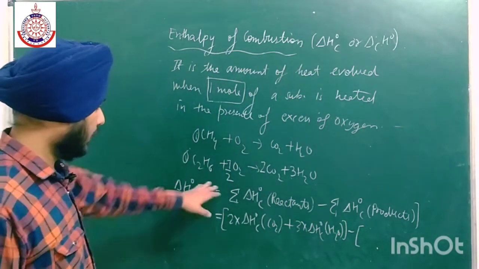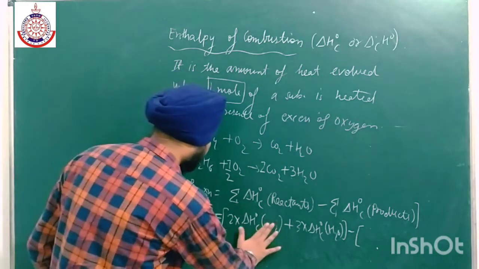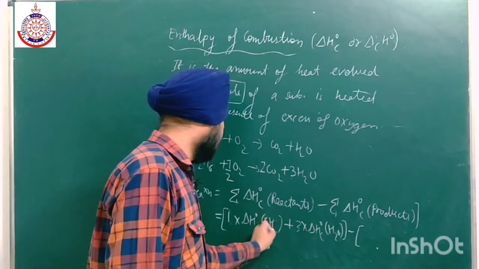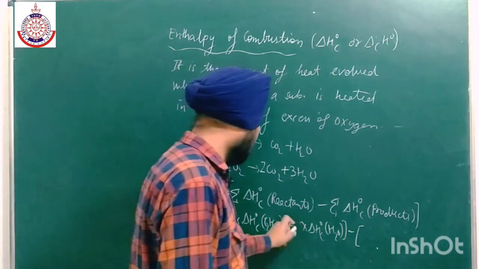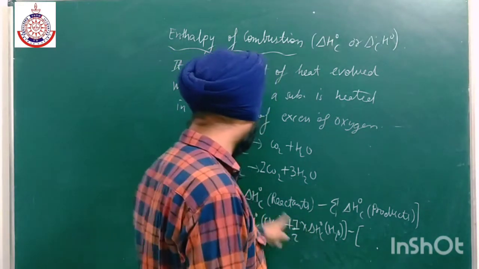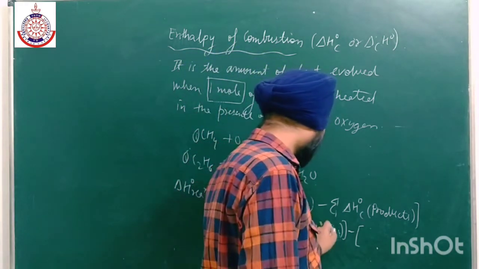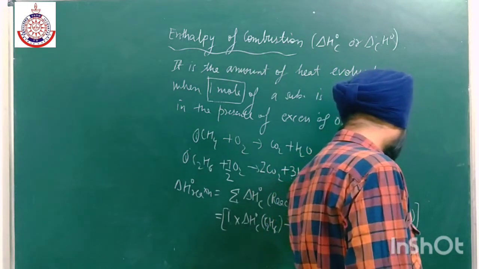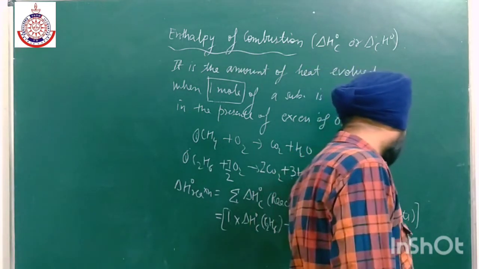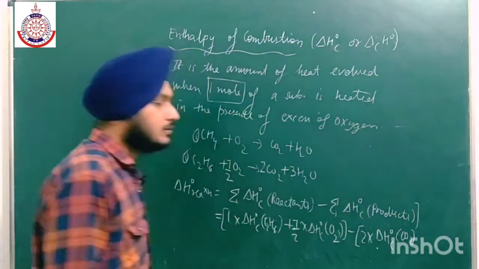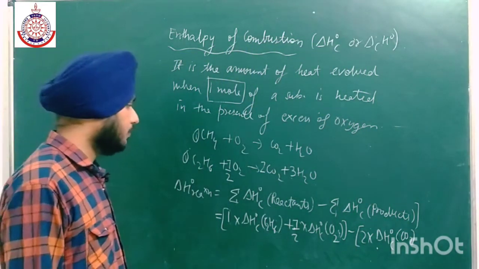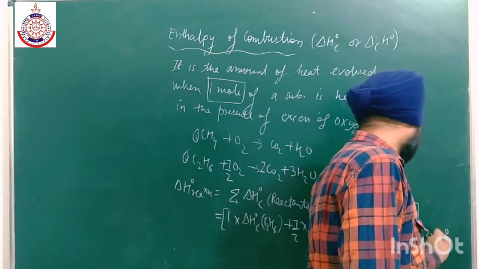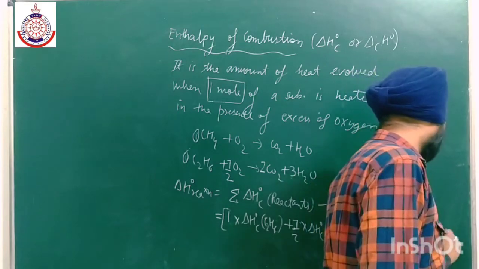I have written it wrong. We have to take the reactant first. So here we have 1 into C2H6 plus 7 by 2 into O2, and minus 2 into delta H naught C of CO2 plus 3 into delta H naught C of water.